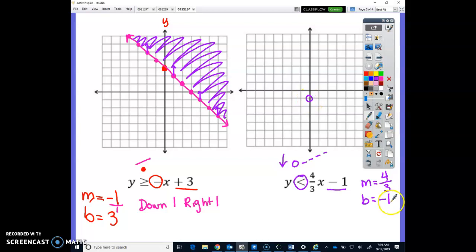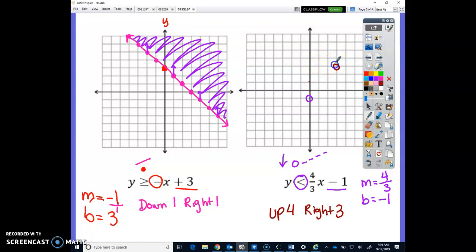From there, I'm going to do my slope, which is 4 over 3. That means I'm going up, because it's positive. Up 4, and to the right 3. From here, up 4, 1, 2, 3, 4. To the right, 1, 2, 3.